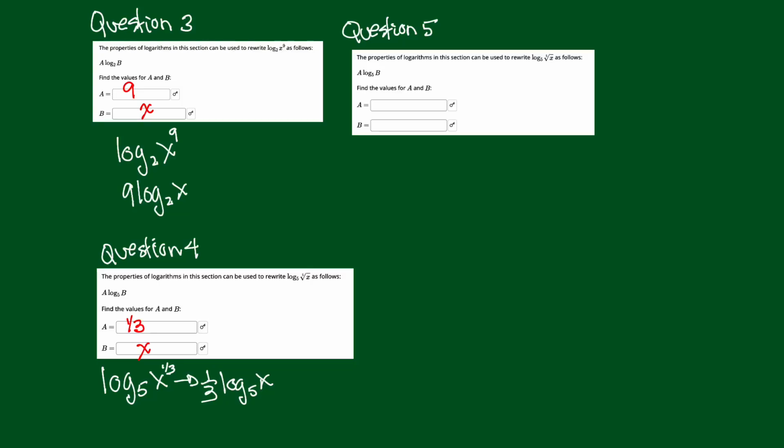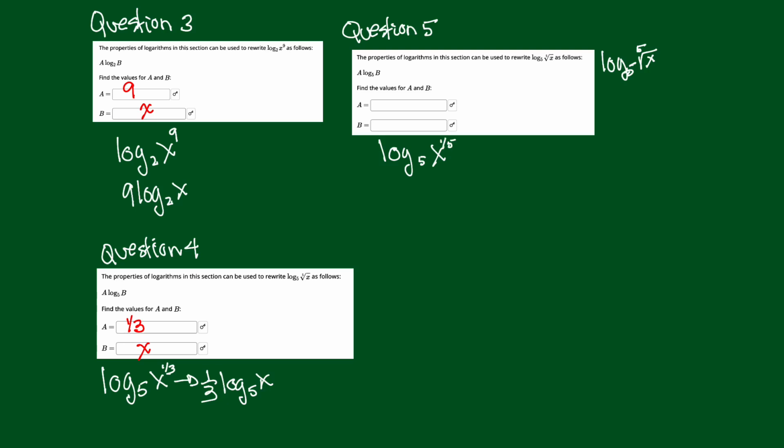Now here in question 5, we're going to do the same thing again. We're going to expand that. Now, first of all, can you even see what it is? Looks to me like it's the log base 5 of the 5th root of x. Okay, so I'm going to rewrite this now like this. The log base 5, get rid of the radical and use a fractional exponent of 1/5.